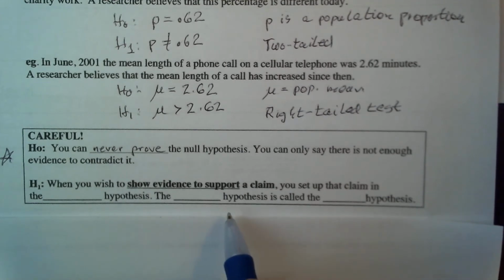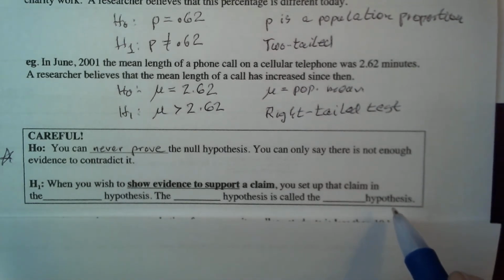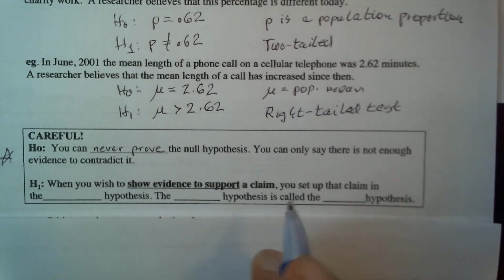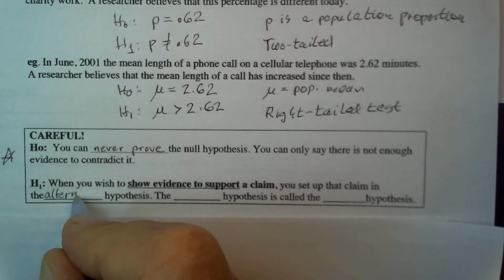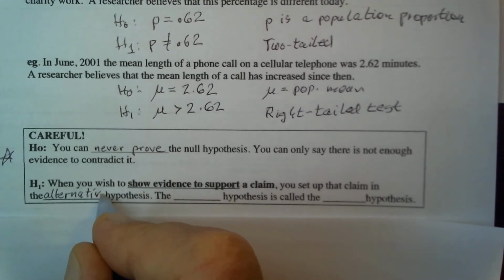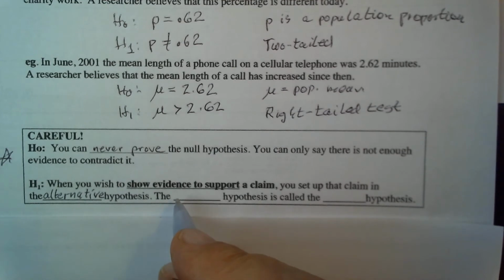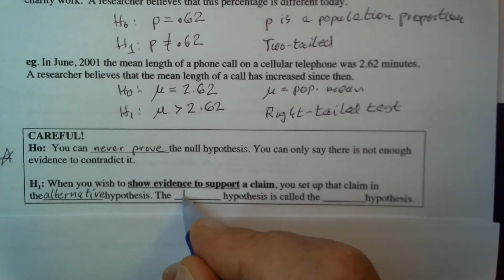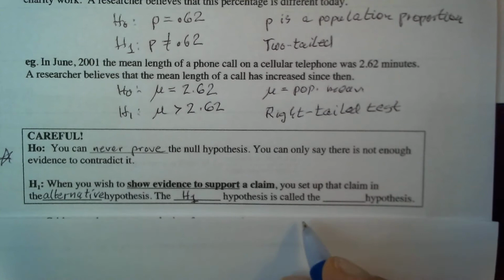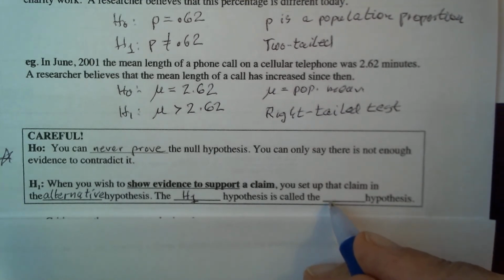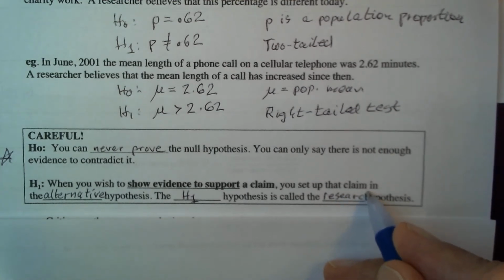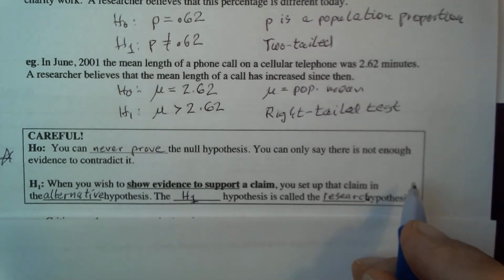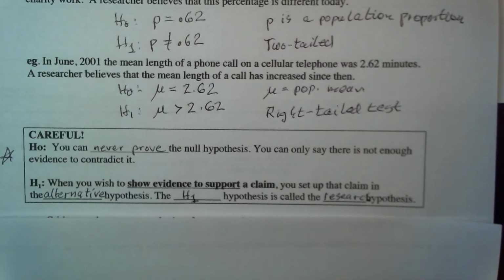When you wish to show evidence to support a claim, you set up the claim in the alternative hypothesis. The alternative hypothesis H1 is called the research hypothesis because that's where we analyze the data.